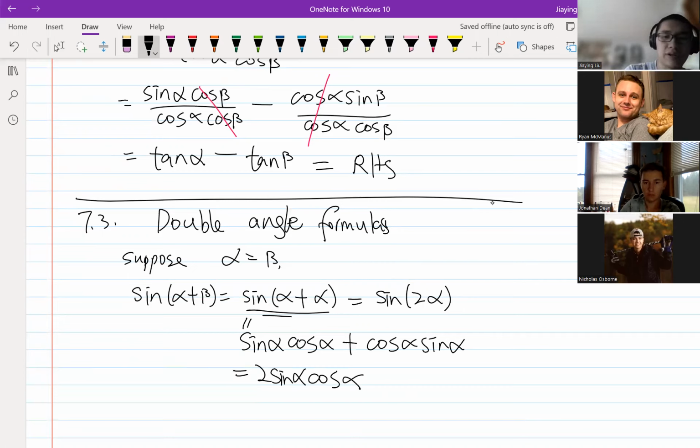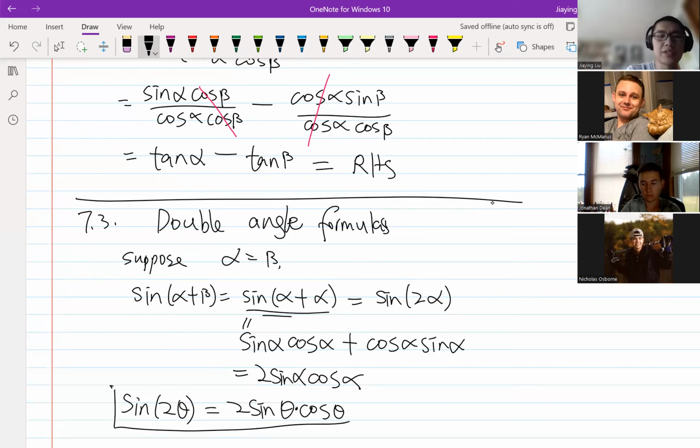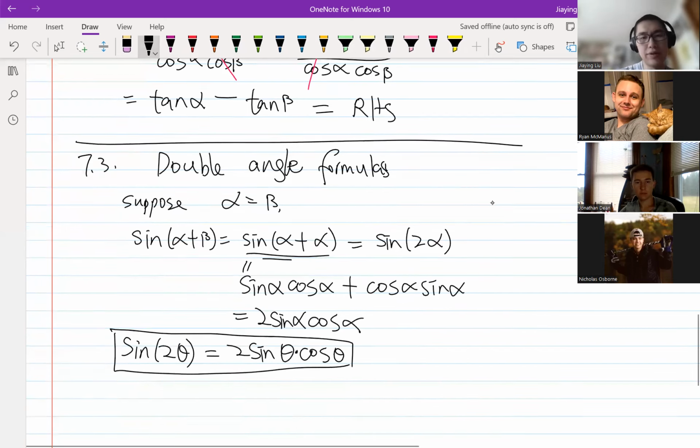Instead of using alpha, we can use theta. So we get sine 2 theta, or sine 2x, equals 2 sine theta cosine theta. We don't even need the parentheses here. So that's a quick derivation of the sine double angle formula.